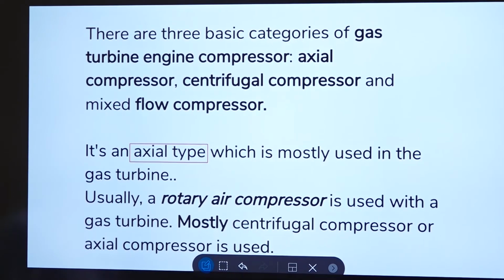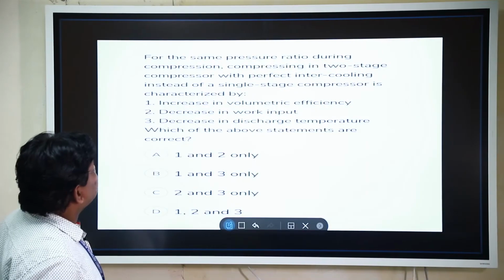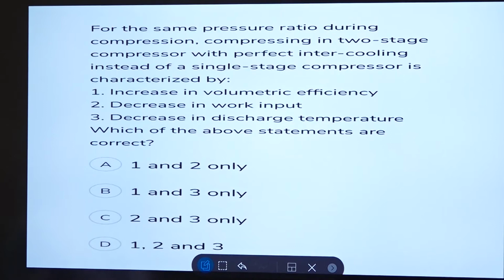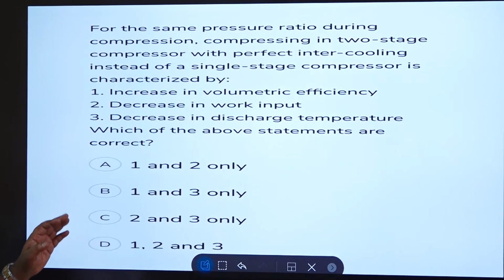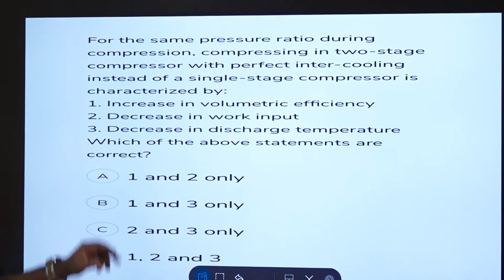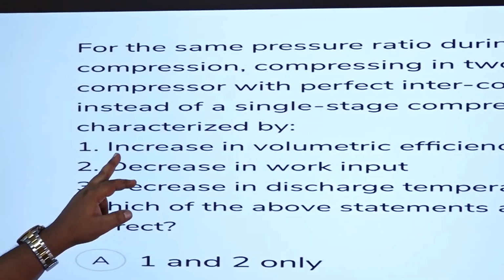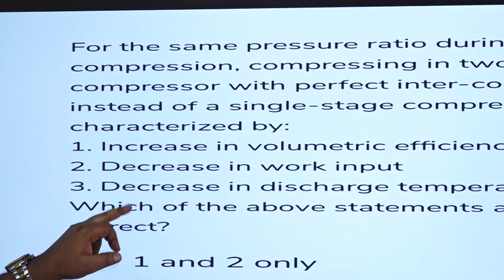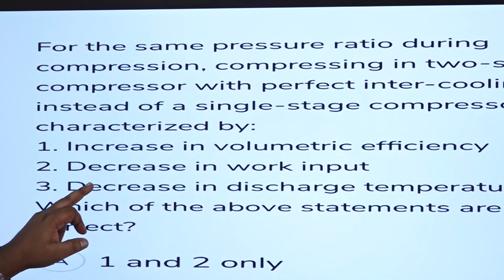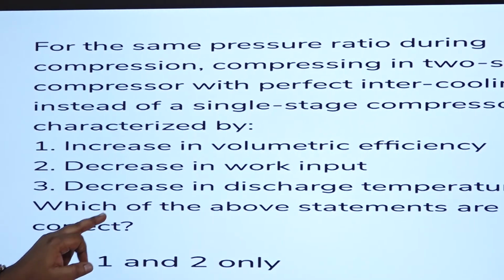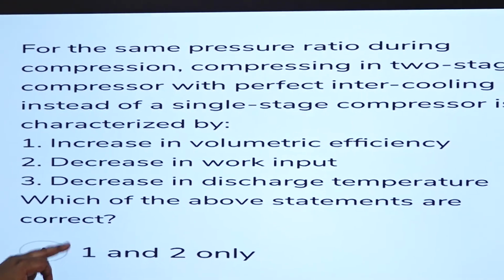The next is: for the same pressure ratio during compression, compressing in a two-stage compressor with perfect intercooling, instead of a single stage compressor, is characterized by increase in volumetric efficiency, decrease in work input, decrease in discharge temperature. Which of the statements are correct?